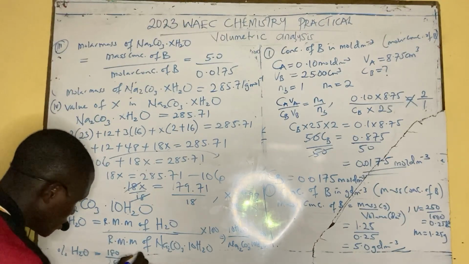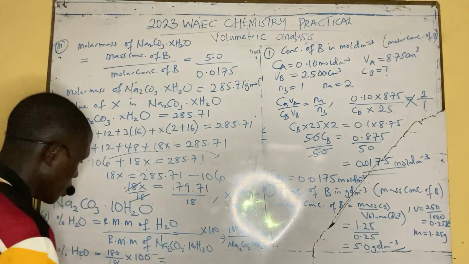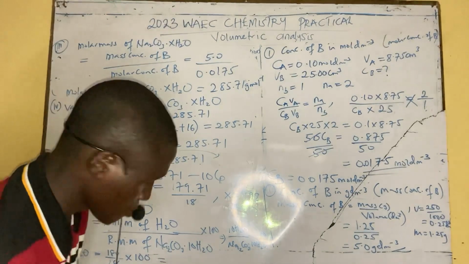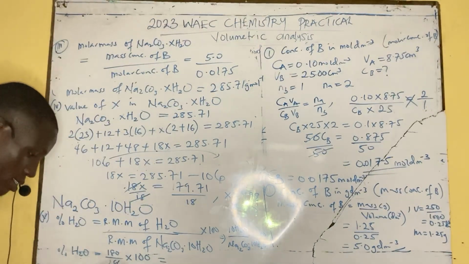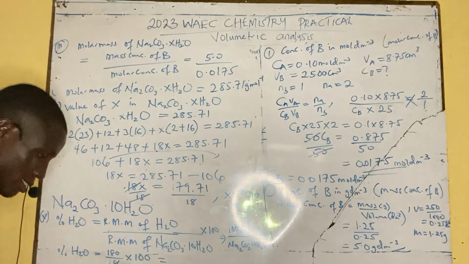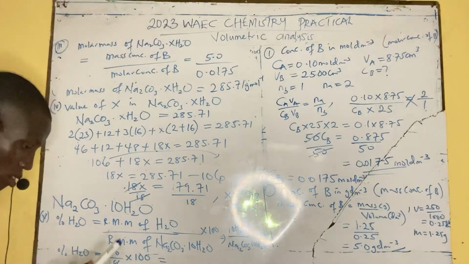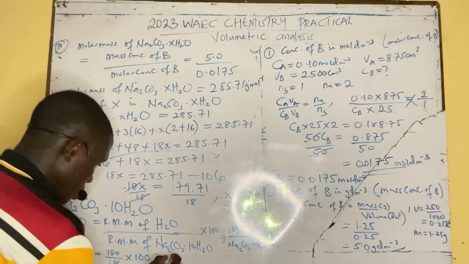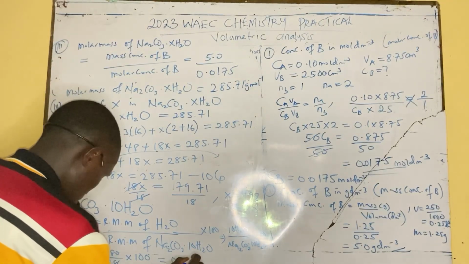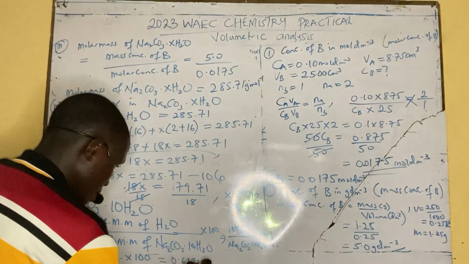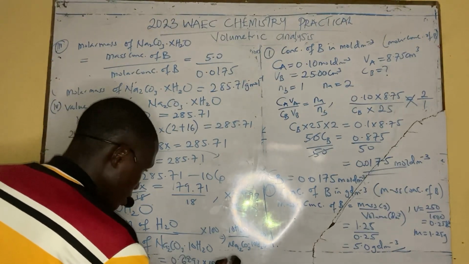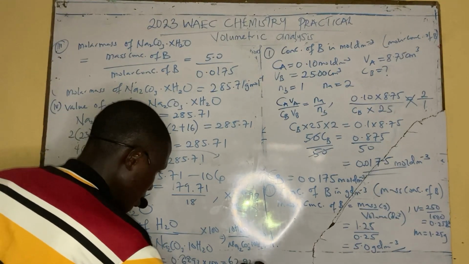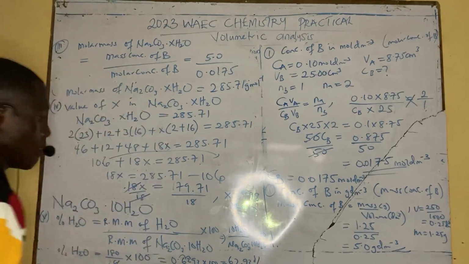So 180 divided by 286 is 0.6293, times 100, which is 62.93%. So that's that.